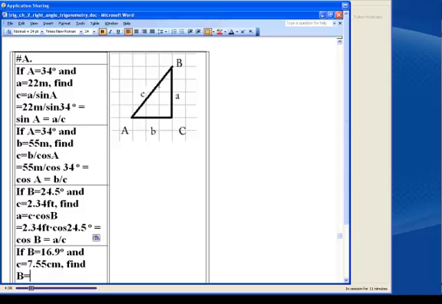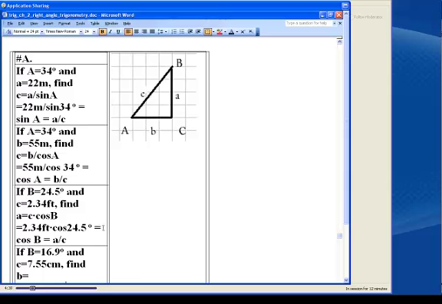So the next one would be B equals 16.9 degrees. c is given as the hypotenuse, and find b. This should not be a capital B, this should be a lowercase b, which is the opposite side, so we have to use sine. Sine of B equals b over c.